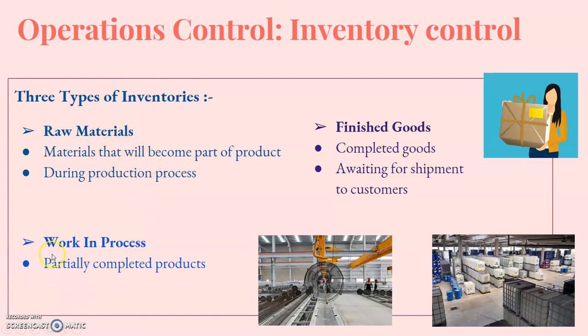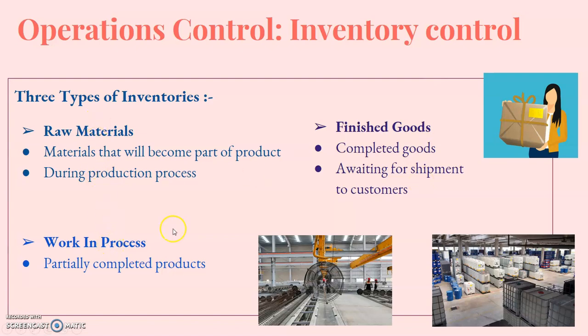The next one is work in process, or work in progress. This is where you process the raw material, but it is not yet the finished product. It still needs to be processed. And the last one is finished product, meaning that it is completed goods and can be sold to the customer.